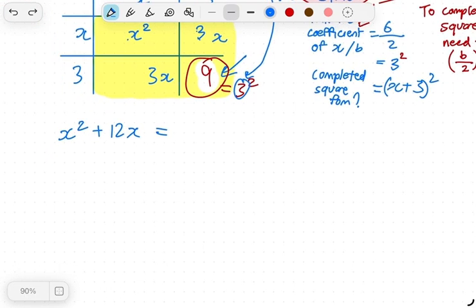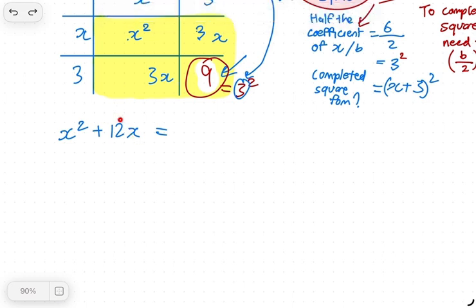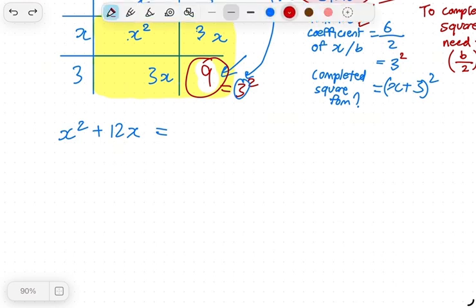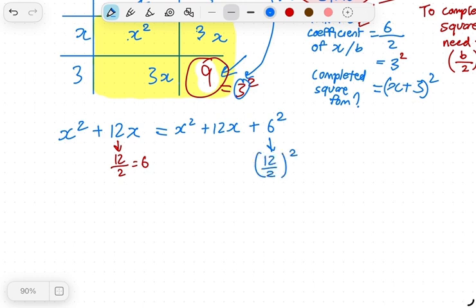So let's just do that. b divided by 2 is 6. So we get x squared plus 12x plus 6 squared. Remember, this is basically 12 divided by 2 squared, which is what we said earlier.